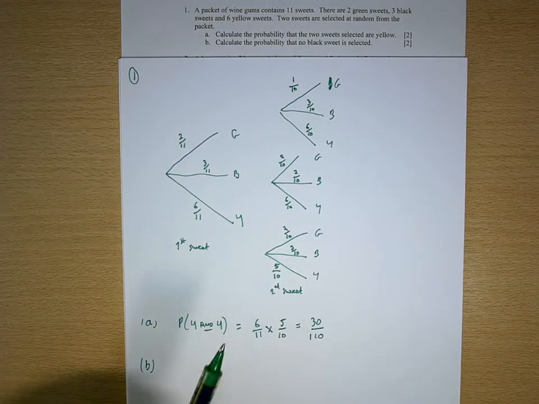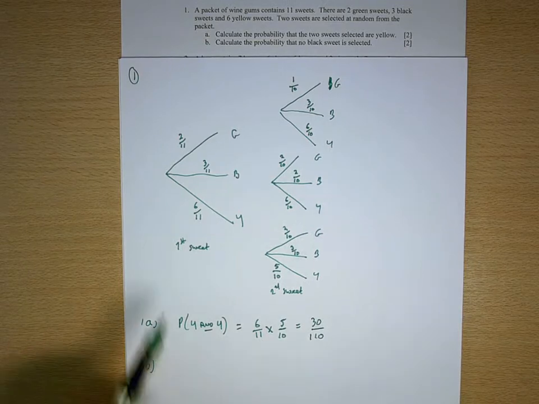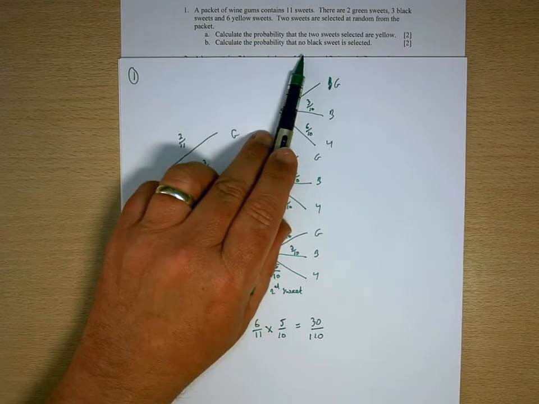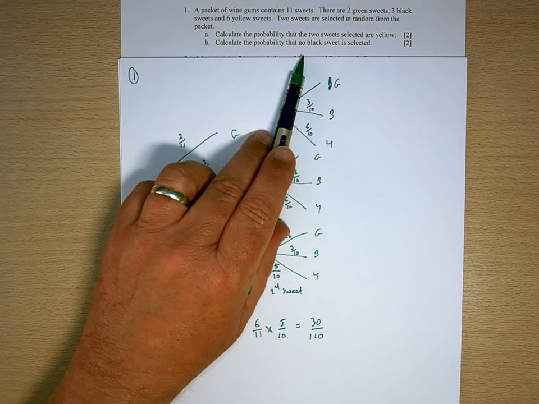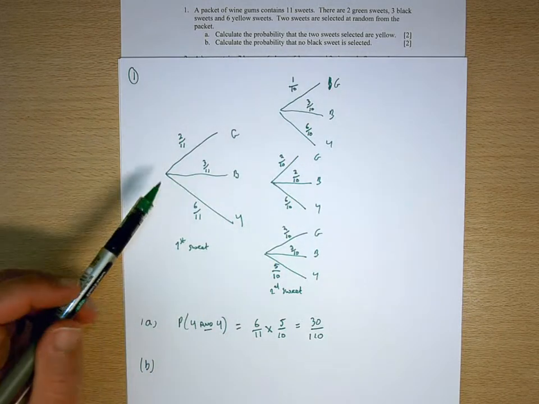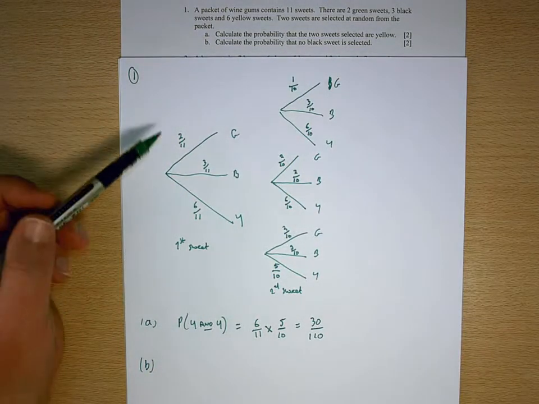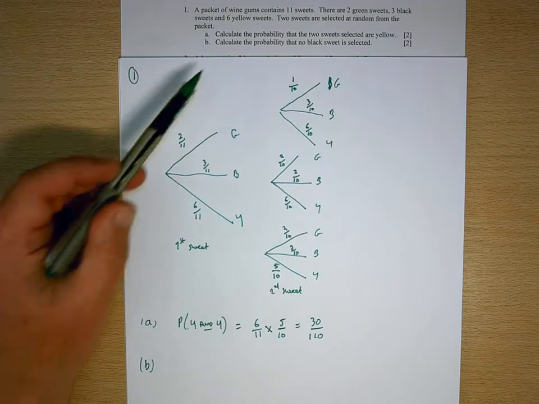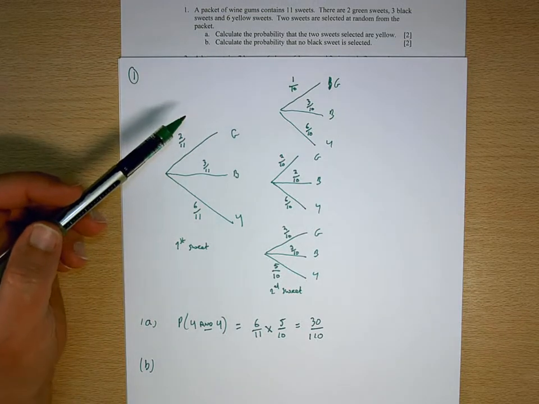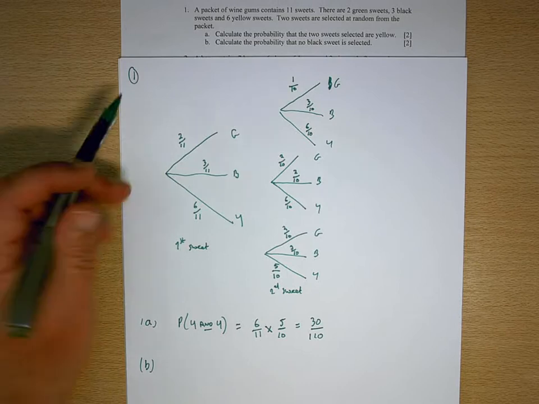So you could do it that way, or you could turn it on its head, because for no black sweet to be selected, that basically takes in every other combination other than containing black.